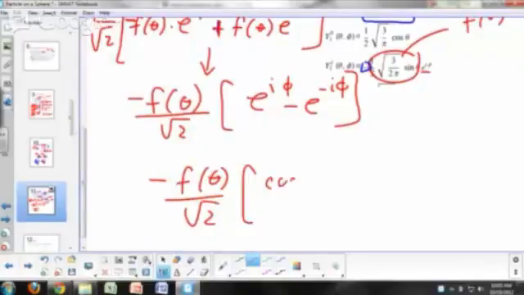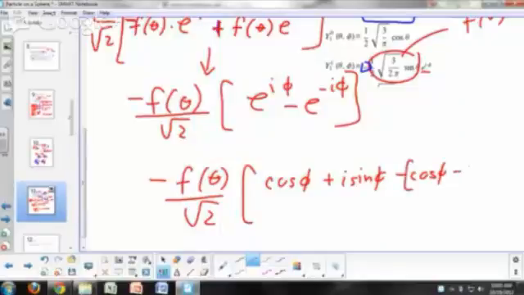This is cosine phi plus i sine phi minus cosine phi minus i sine phi. So i sine phi cancels out.